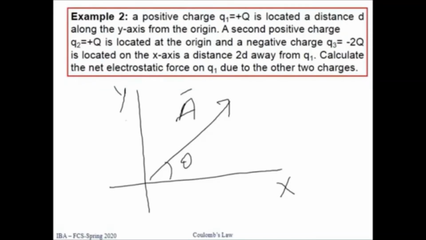And what would be the two components of this vector? Let me draw here. This is one component, which is the vertical component, called AY, and the other is the horizontal component, represented as AX. Okay, now let's move on to solve this problem.